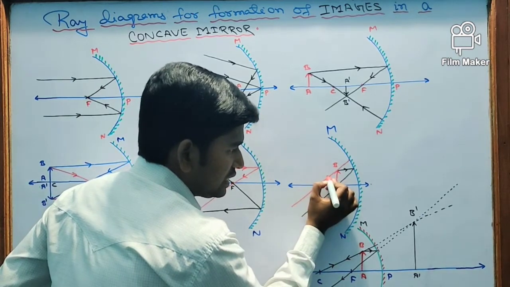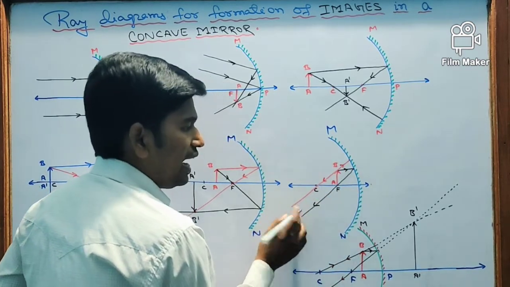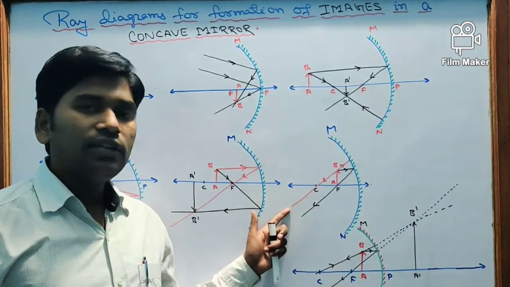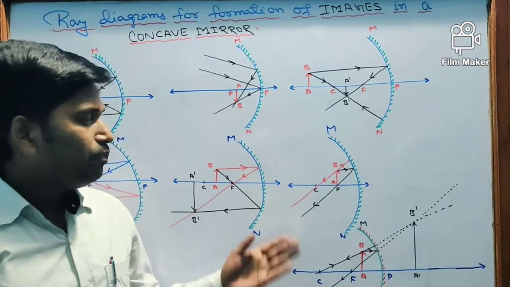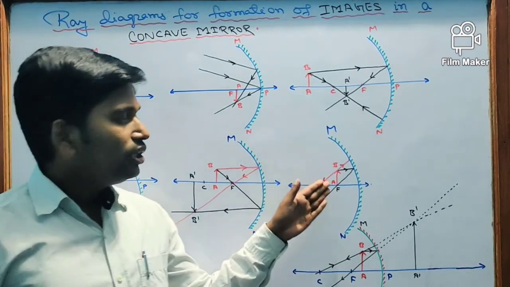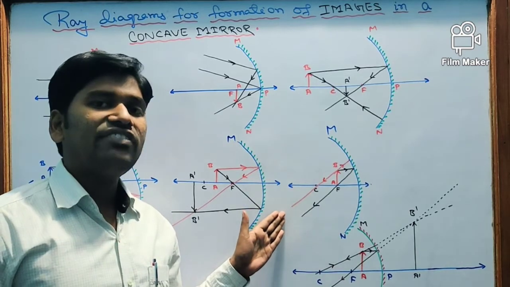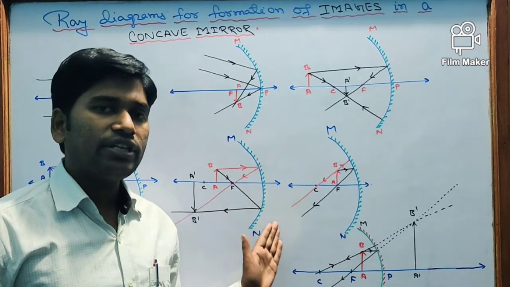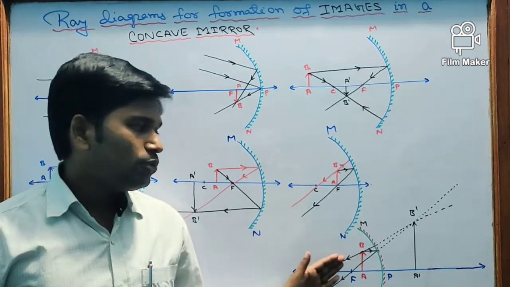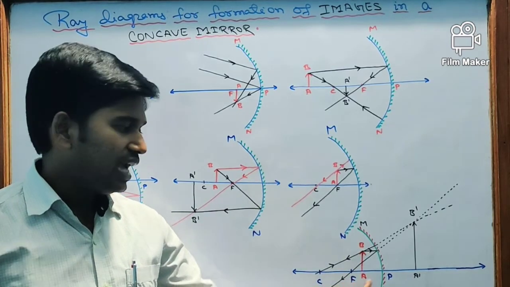When it is incident through the center of curvature, it will be reflected back, and these rays become parallel. When these rays become parallel, it means the position of image is at infinity. So we can say the position of object is at focus, image is at infinity, nature real and inverted, and size will be magnified.